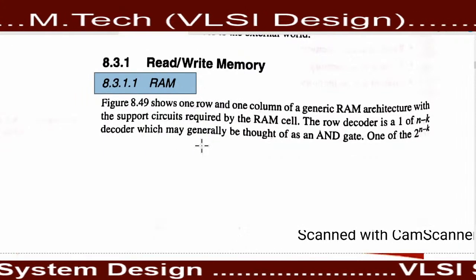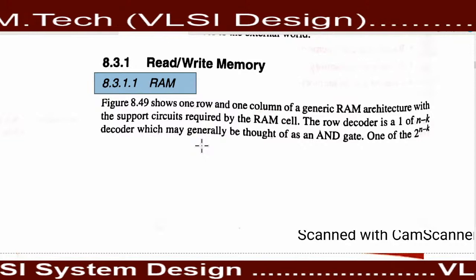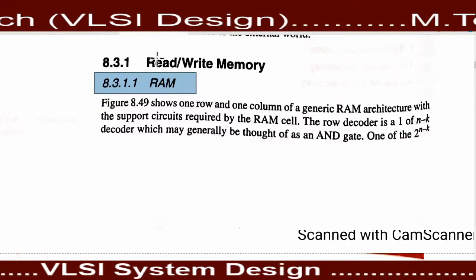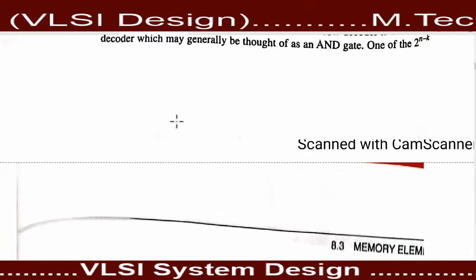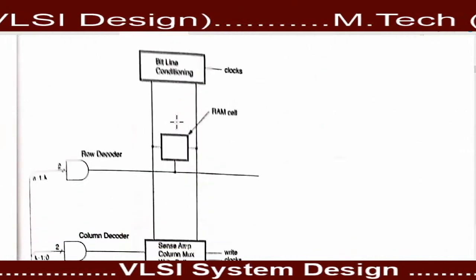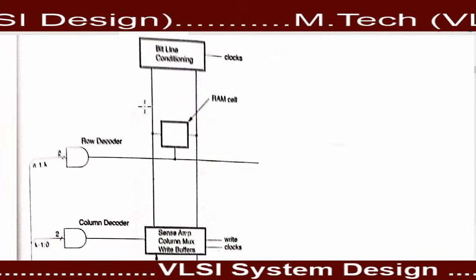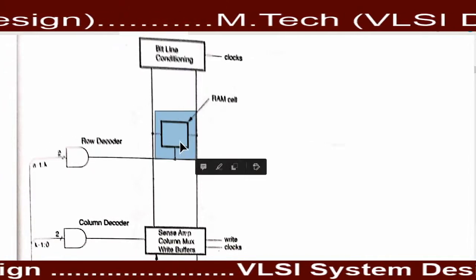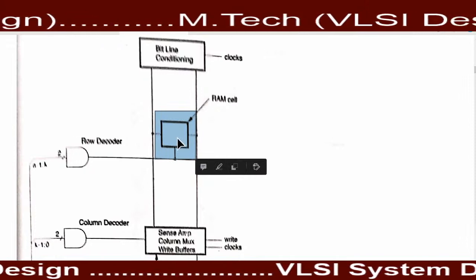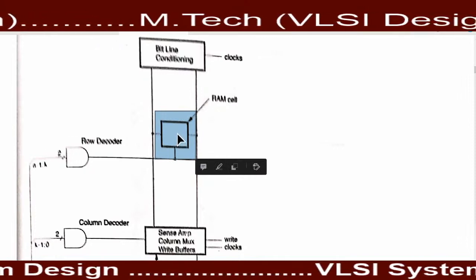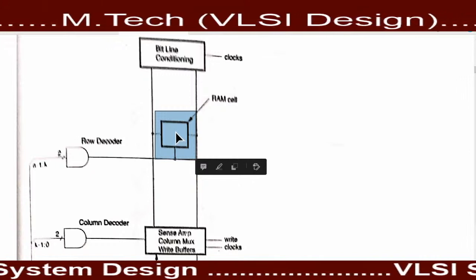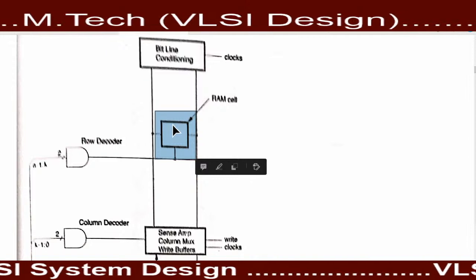Okay, so in today's class, we are discussing how we can read data from the random access memory and how we can write data to it. Here, this small square block is known as the RAM cell. This RAM cell can be implemented using several different elements.